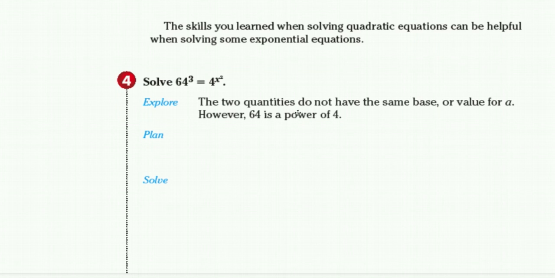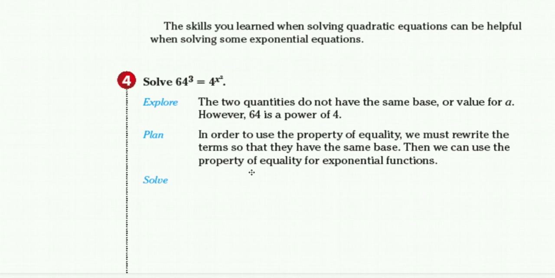So the two quantities do not have the same base or value for a. However, 64 is a power of 4. Okay, so in order to use the property of equality, we must rewrite the terms so that they have the same base. Then we can use the property of equality for exponential functions.